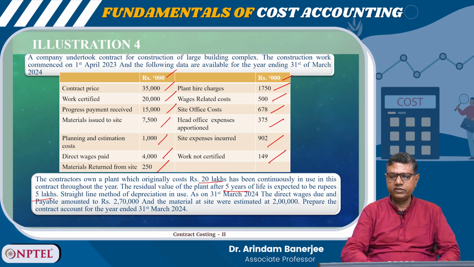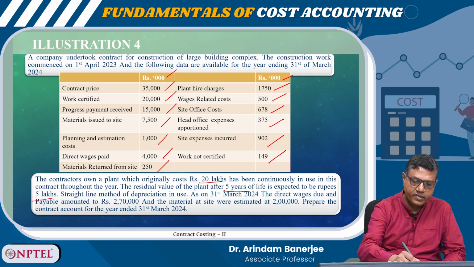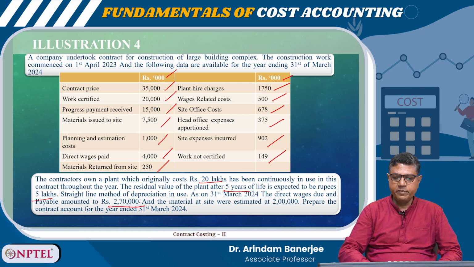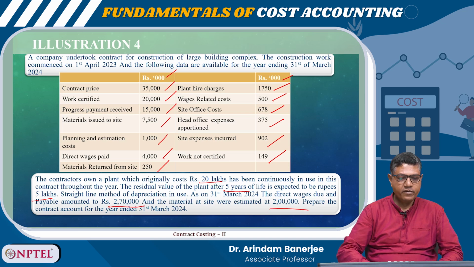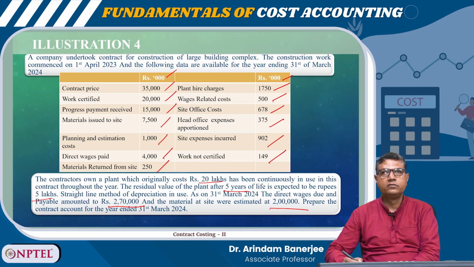As on 31st March 2024, the direct wages due and payable amounted to rupees 2,70,000 and the material at site was estimated at rupees 2 lakh. Prepare the contract account for the year ended 31st March 2024. Right, so this is the problem.